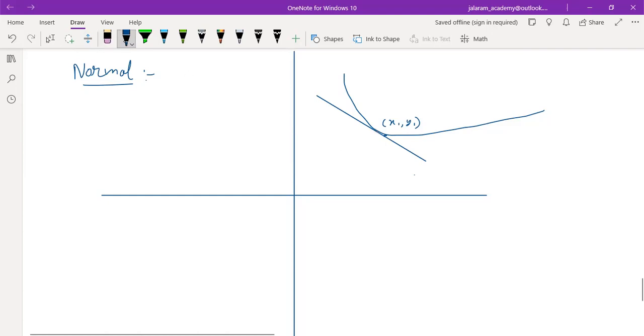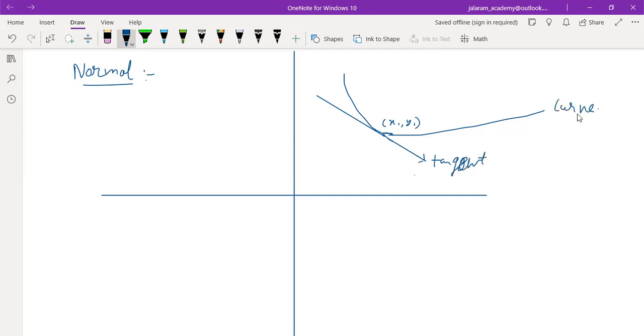This point is the point of contact. This is the curve, this is the equation, and this is the tangent.